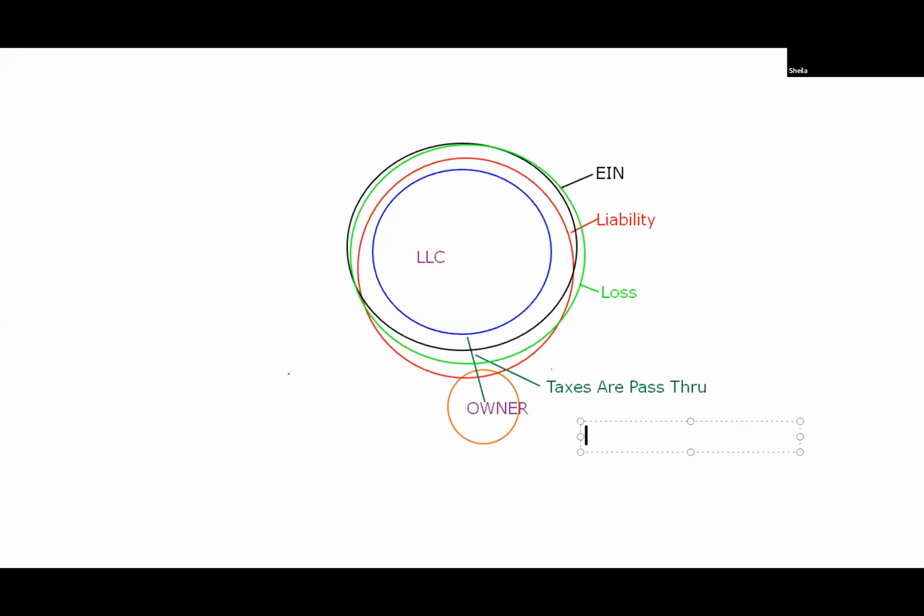The owner. 1040. The owner. Thank you. It falls on a 1040 because it's basically just a sole proprietorship, remember? This is just him. This is just his taxes. So it passes through to the owner, and it falls on his individual taxes.